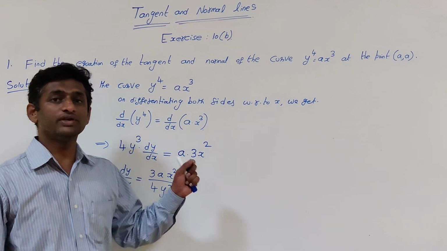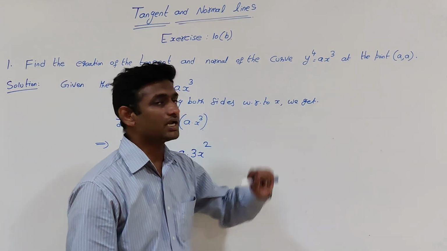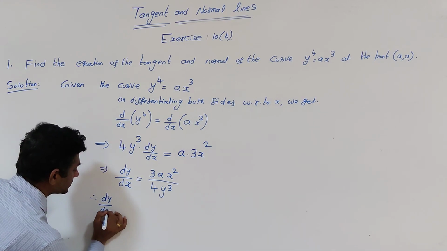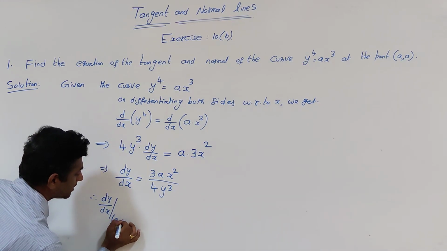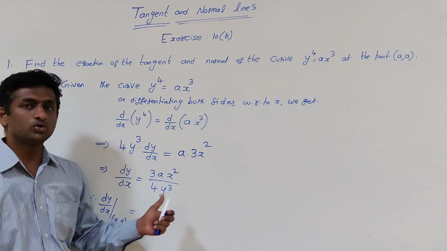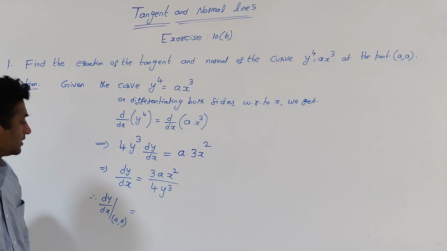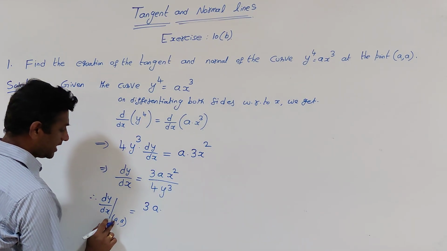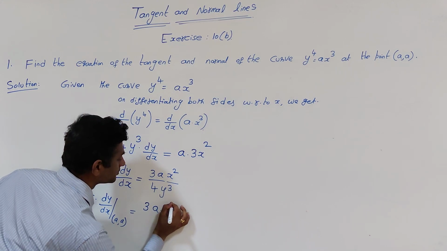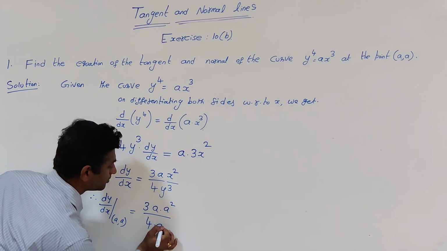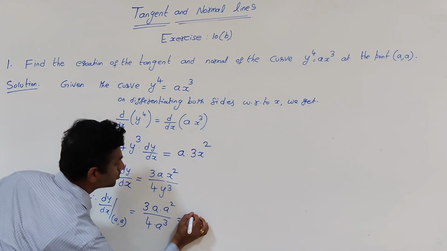But at what point do we require the slope? At a comma a. Therefore dy by dx at a comma a means substitute x is equal to a and y is equal to a wherever required. So 3a into x is a square by 4 into y is also a, so a cube, which gives 3 by 4.